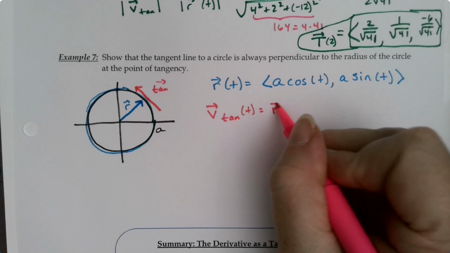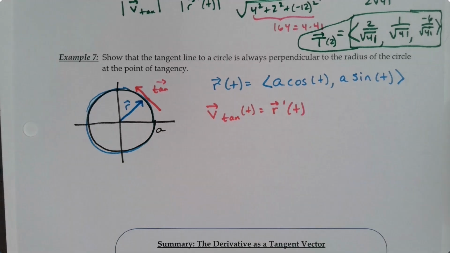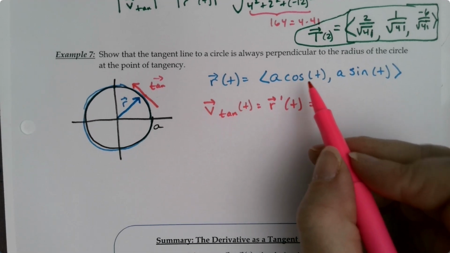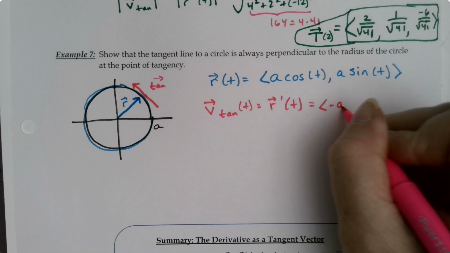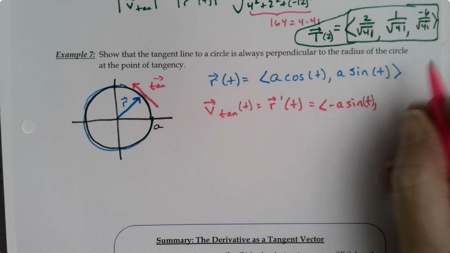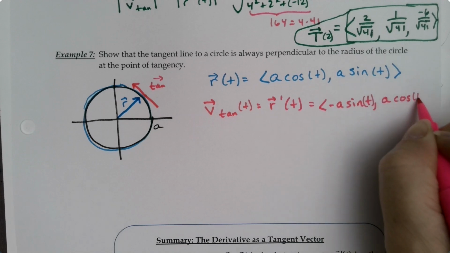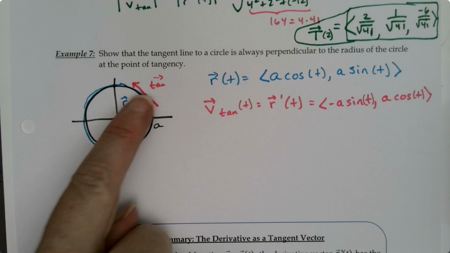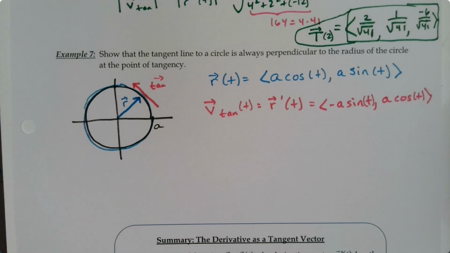Well, that's r prime of t, isn't it? The derivative of cosine is negative sine, and the derivative of sine is cosine. So this is the tangent vector, and it has its direction.